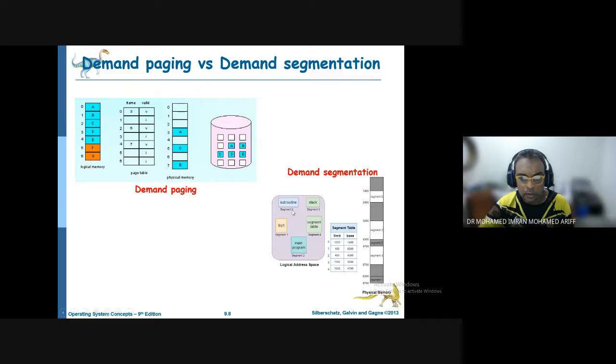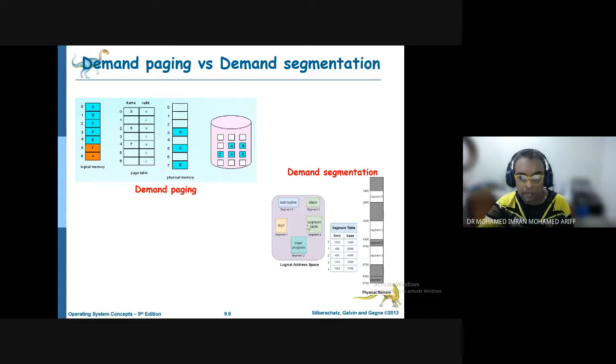Each process is broken down into several segments. This segment is for the main program. This segment is maybe for the program called square root, subroutine, stacks, and segment table. All of this is related to one specific process or one specific program.